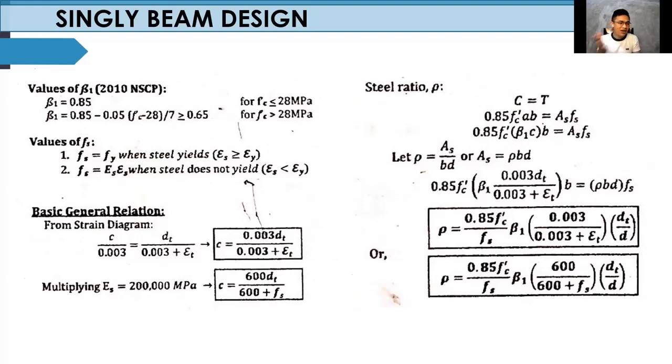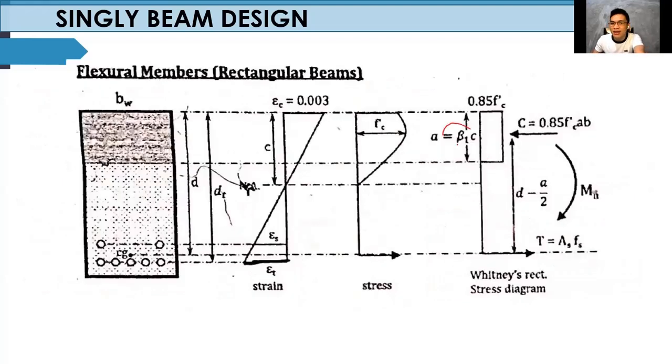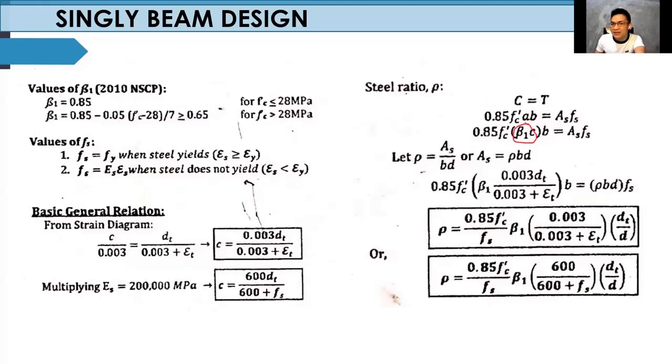So with that, mandi-derive natin yung mga ginagamit sa mga books na mga formula. Di ba? So 0.85 FC prime, sabi dito kanina, yung A natin o yung height ng compression block is equivalent to beta times C. Ayan siya, beta times C. And then, let natin rho.